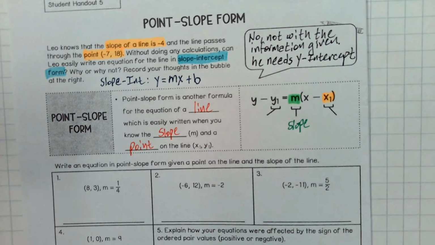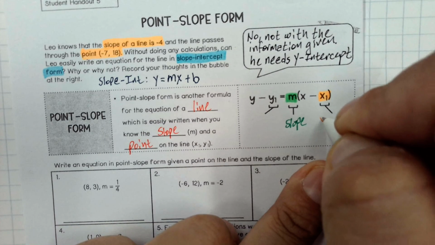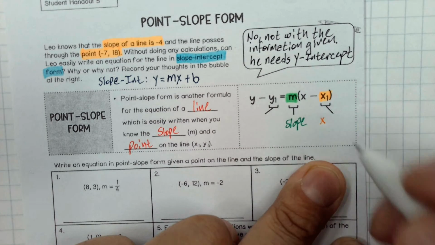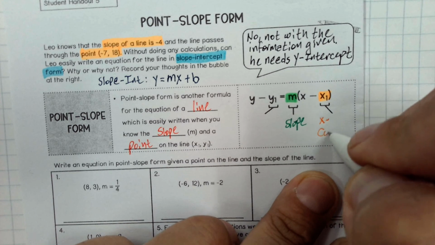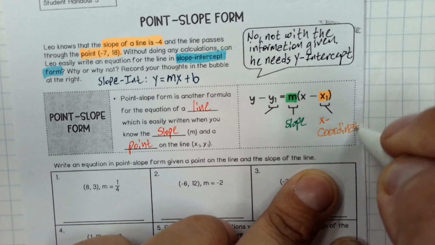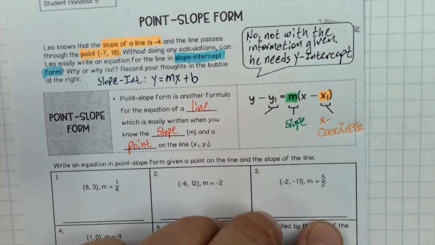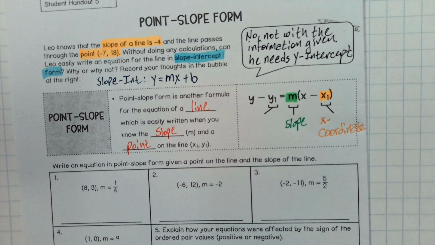So this is the x coordinate, which makes y1 the y coordinate.